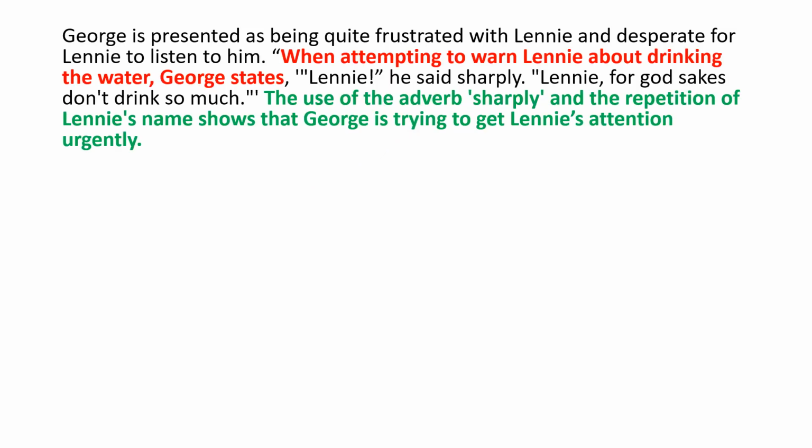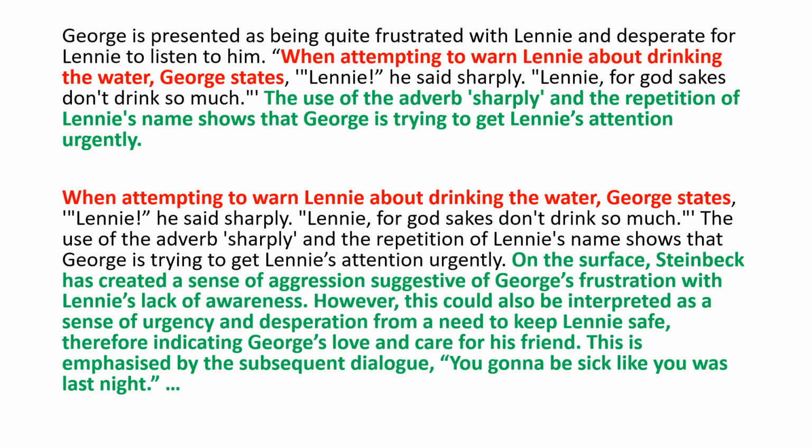So, I'm going to now develop in green. This student has written, the use of the adverb sharply and the repetition of Lenny's name shows that George is trying to get Lenny's attention urgently. Again, it's perfectly serviceable, but I can develop it further using that work that I've already done on the quote. So I'm going to look at how you can interpret this in different ways.